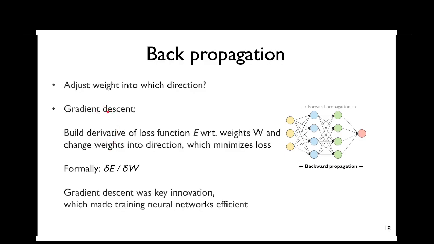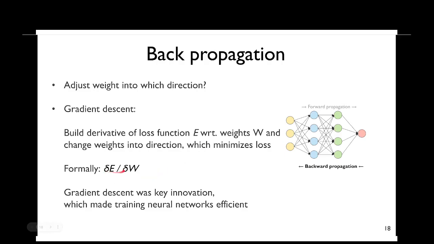And for this, there is a very fundamental technique, which we'll cover entirely in the next lecture, called gradient descent. So what we will do is we will build the derivative of the loss function E with respect to the weights W, and we will change the weights into the direction which minimizes the loss. And this use of gradient descent and the concept of backpropagation was absolutely fundamental to make neural networks feasible for larger examples. And it's one of the key reasons why they're successful today.